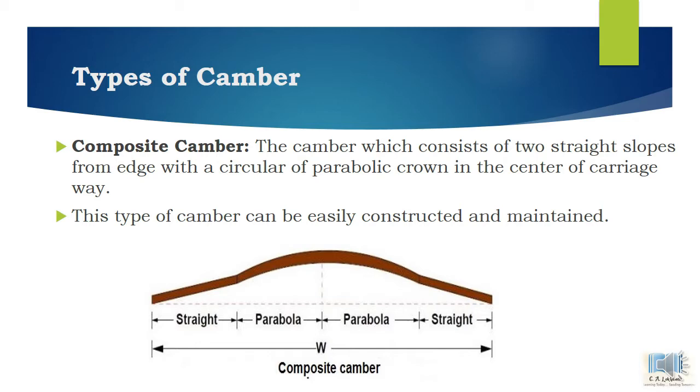Now see, this is the diagram of composite camber. In this diagram, there are two straight slopes.